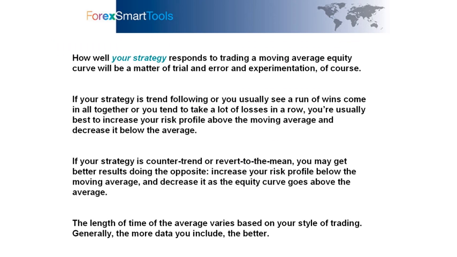But now, if your strategy is one of those counter trend or revert to the mean, like how the Bollinger Bands show price coming back to the midline, coming back to the mean, you might get better results if you do just the opposite. So that when your equity curve goes above the moving average, you're going to back off.